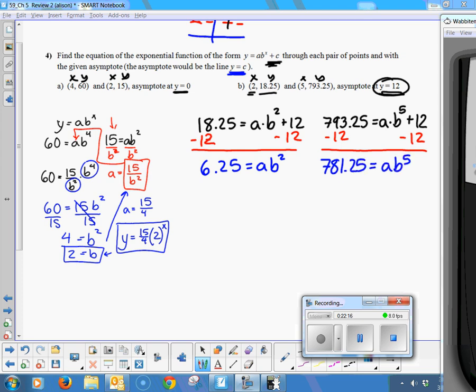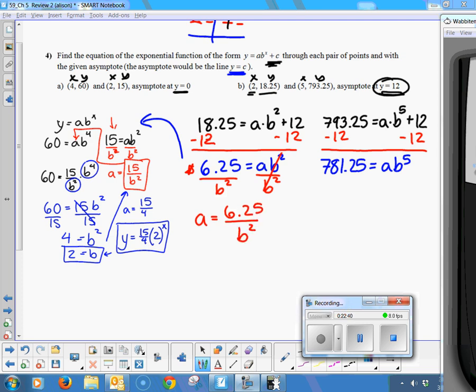And now we're right back where we were last problem, just with some decimals and slightly higher exponents, but we're okay. So I'll take this one here, because it's got smaller numbers. I'm going to solve for a, dividing by b squared. A is going to be 6.25 over b squared.